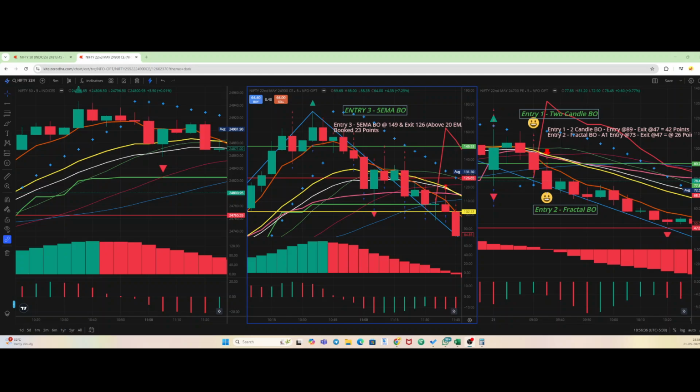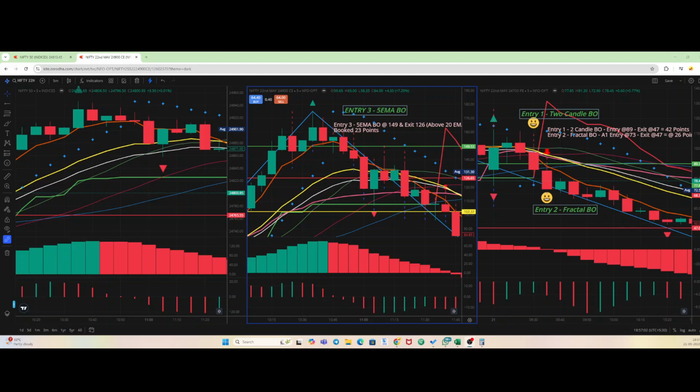Today is one of the best days for intraday option traders. Both CE as well as PE, both sides gave very good profit, and four strategies worked out today. One is our regular fractal breakout strategy, that also gave an entry.